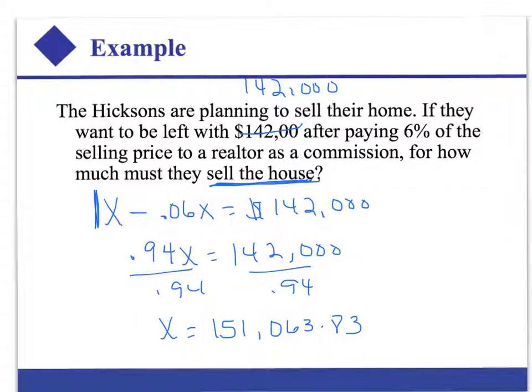And you can go back and check that, plug that back into the equation, or simply just take 151,063.83 and multiply it by 0.06 and see if you are left with at least $142,000. And if you are, then that would be the correct answer. Okay? Because you want to make sure that you wind up with $142,000. We will work some of these examples in class.